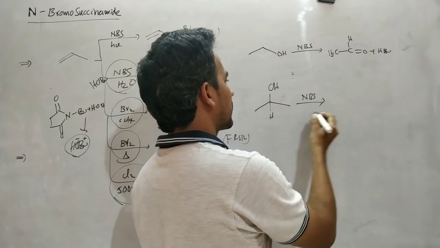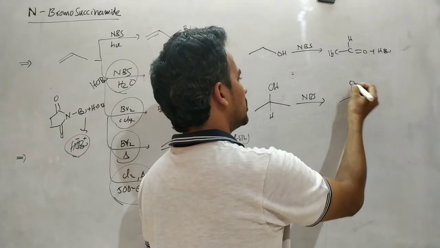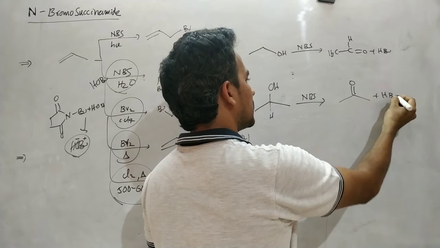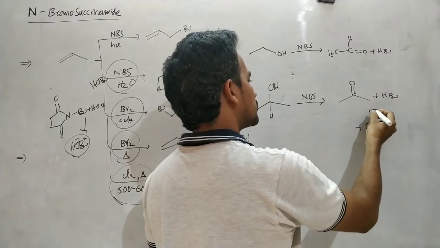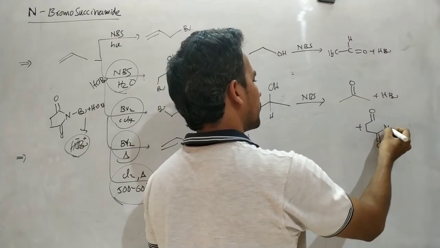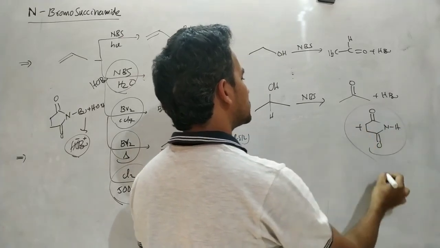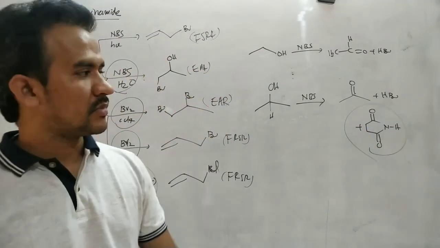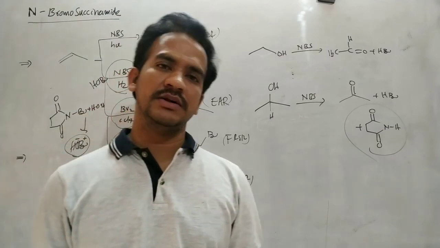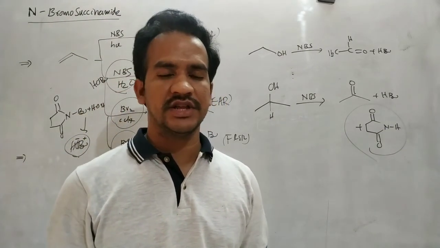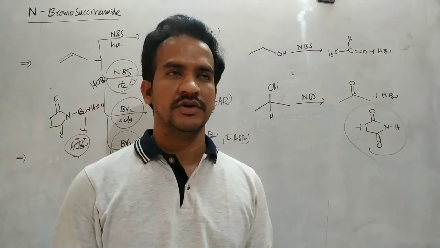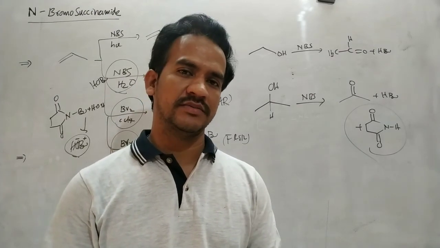Secondary alcohols are also oxidized to ketones. So NBS is also used for the oxidation of primary and secondary alcohols. You know that tertiary alcohols are not oxidized. So those are the uses of N-bromosuccinimide.